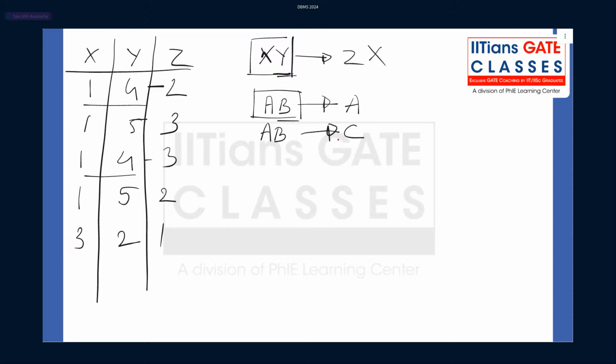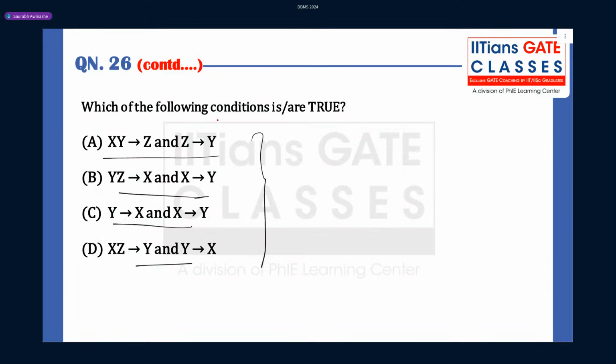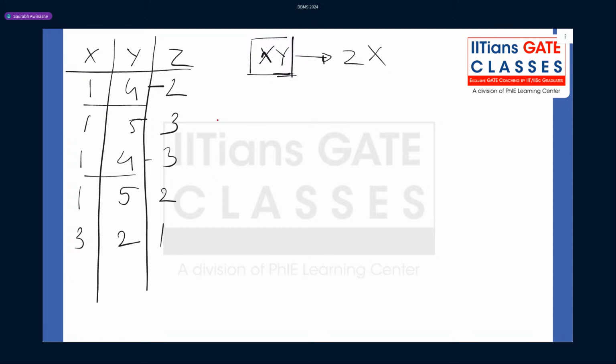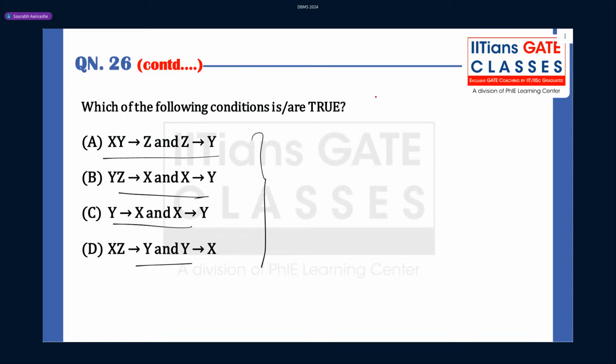Now in option A, the second functional dependency is z gives y. The first tuple has 2 derives 4. Then we have 3 derives 5 and 3 derives 4. So 3 derives two values, 5 and 4. So this functional dependency also does not hold.